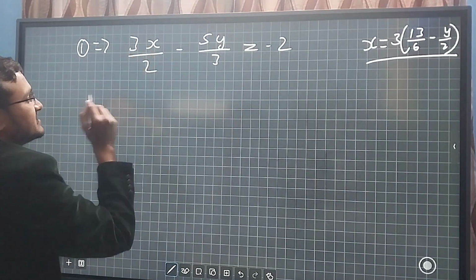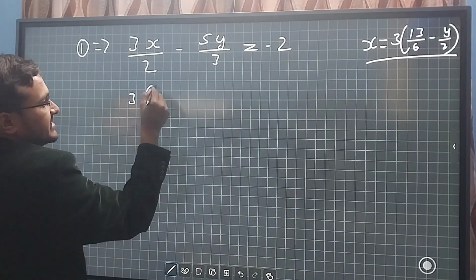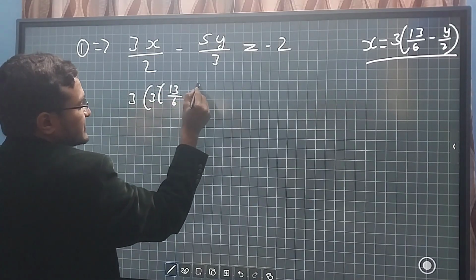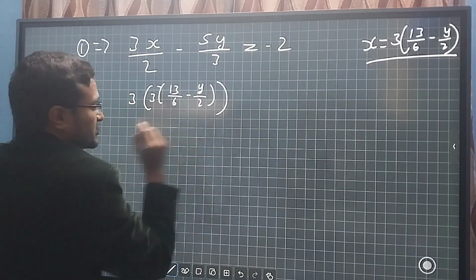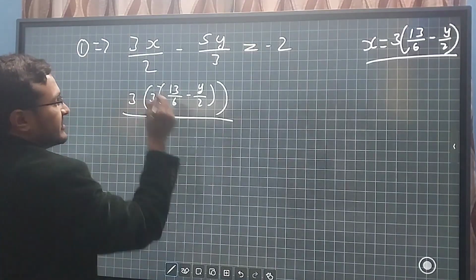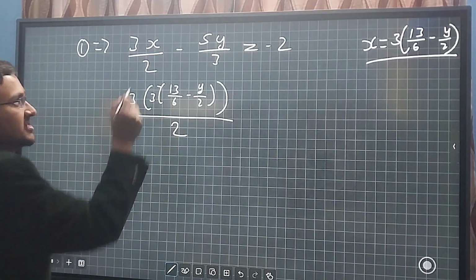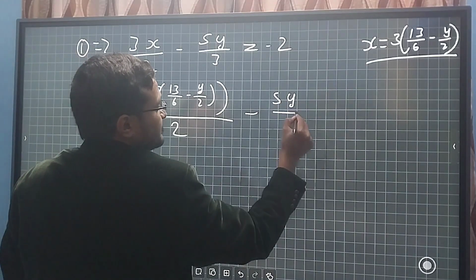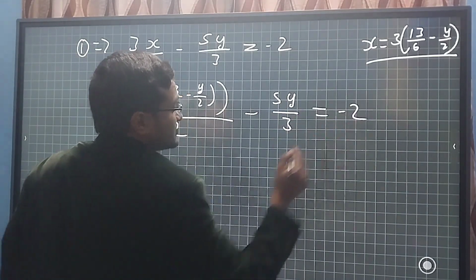So that will be substituted in this x. So 3 into 13 by 6 minus y by 2. So close both the brackets, whole divided by what is there in the denominator, 2. So in the place of x I am substituting that. So minus 5y by 3 is equal to minus 2.